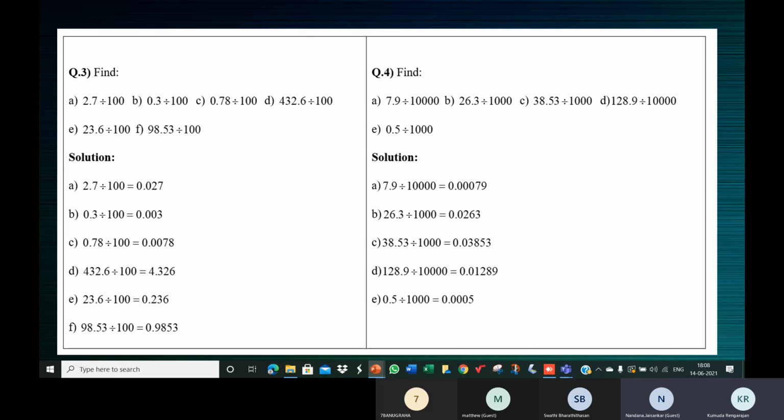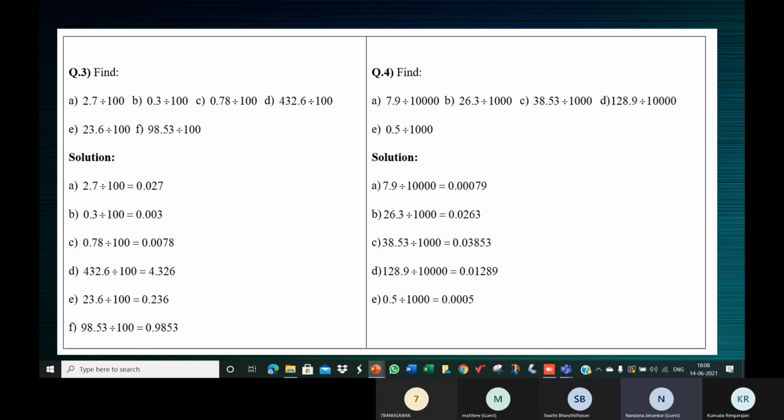How many zeros are there in 100? 2. Now there are already 2 decimal places and there are 2 zeros, right? Totally, now add this 2 and 2, 4. Now in the answer, there must be 4 decimal places.